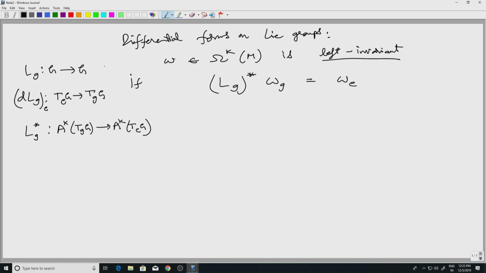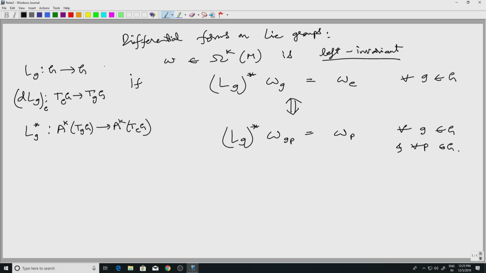Even though I have identity as a base reference point here, just like for left invariant vector fields, one can check that this is equivalent to saying that Lg star of omega at gp equals omega p, for all g in G and for all p in G as well.